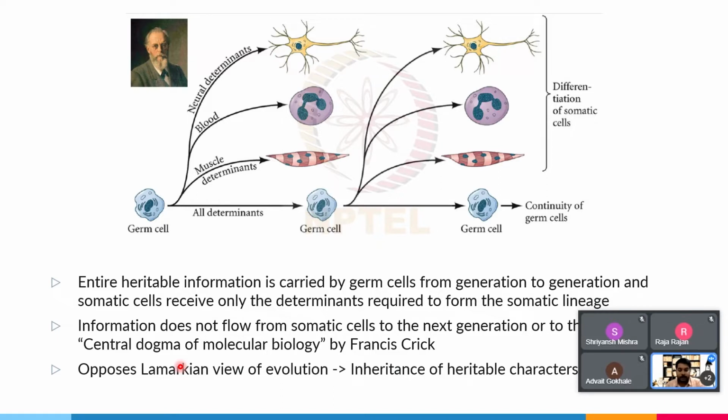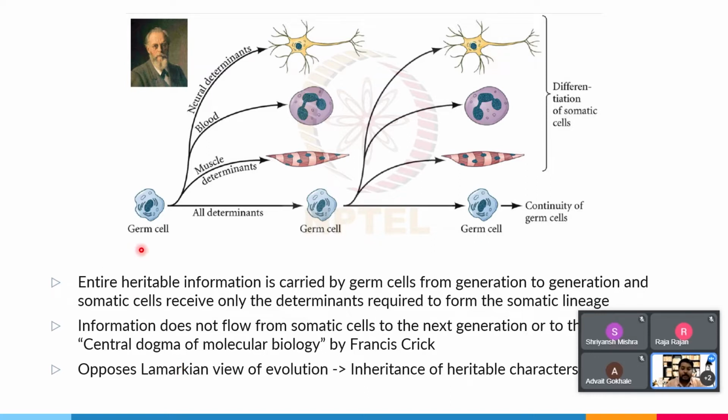Okay, so let me go ahead and tell you. As Advait told us, the central dogma is correctly from DNA, the information flows to RNA, it flows to protein, and then we have the phenotype. But in another way, as Francis Crick said, the information flows from DNA to protein and cannot flow back. Once the information has gone to the protein, it cannot affect the DNA or the genetic code.